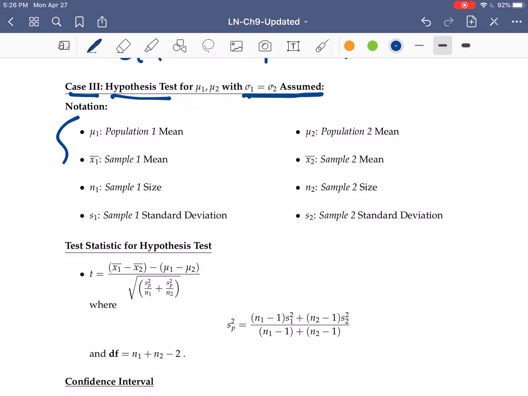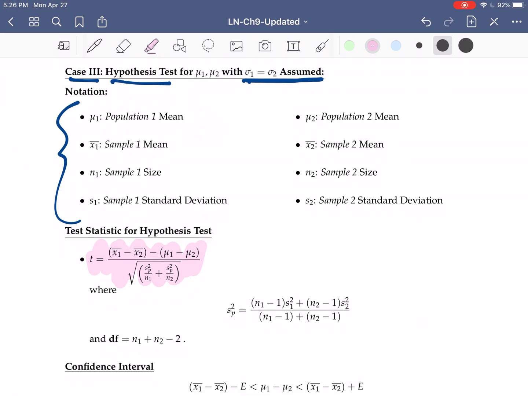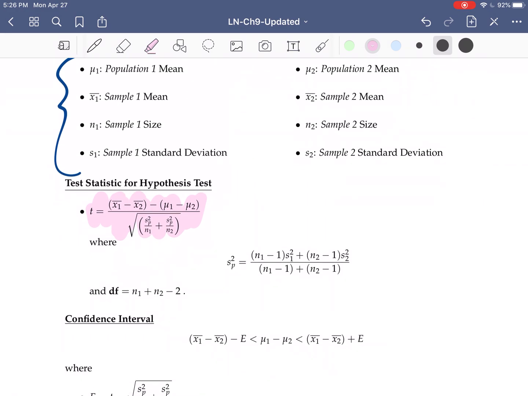Notationally, we have a lot of stuff that is similar. The test statistic here is going to be a t statistic again, similar to what we had in case 1. But there's a big difference here in how we calculate our degrees of freedom.